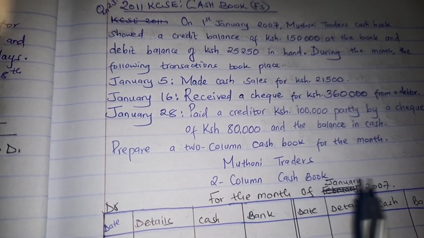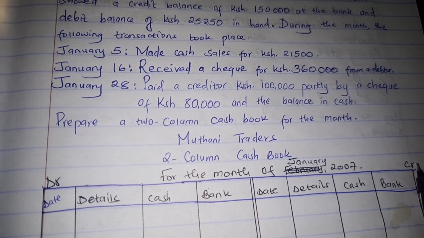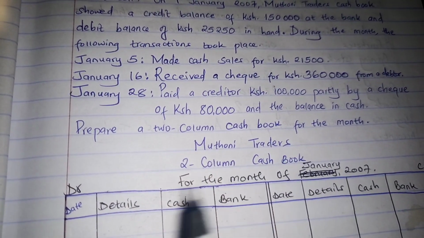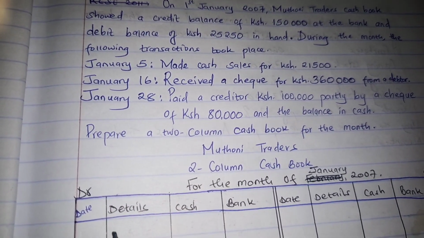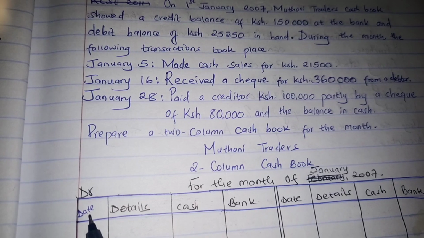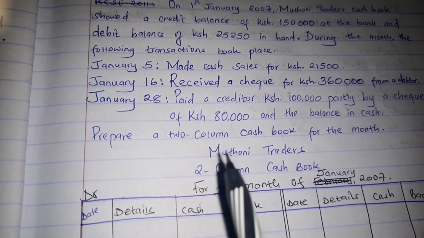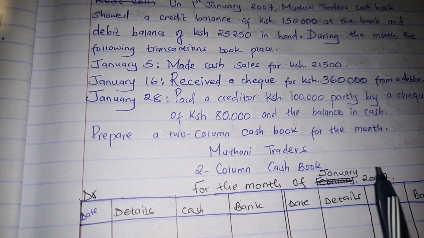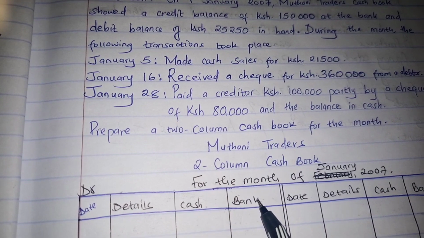So a cash book has two sides, the debit side and a credit side, whereby on both sides, for the 2-column cash book, we have date, details and 2 money columns. That's why it's known as a 2-column cash book, because we have 2 columns for money, cash and bank.